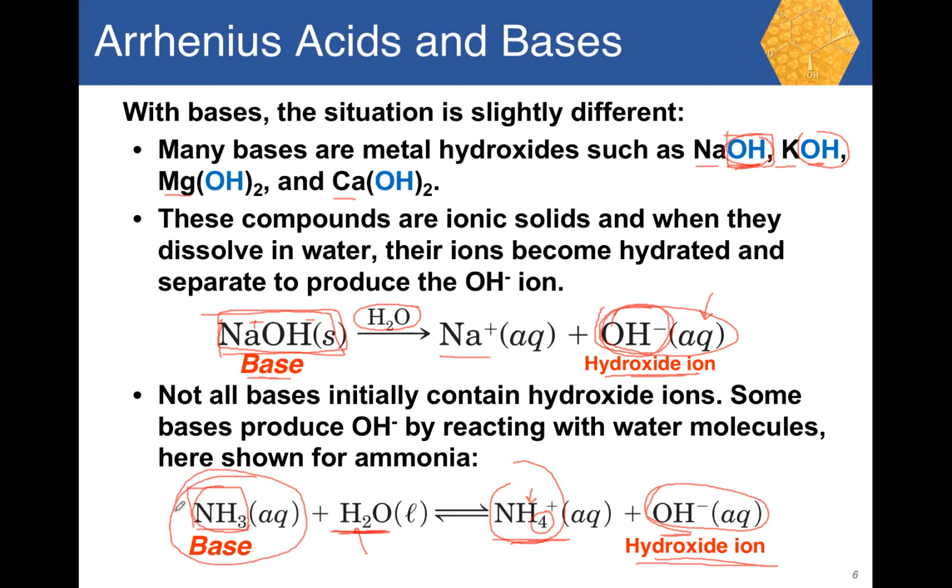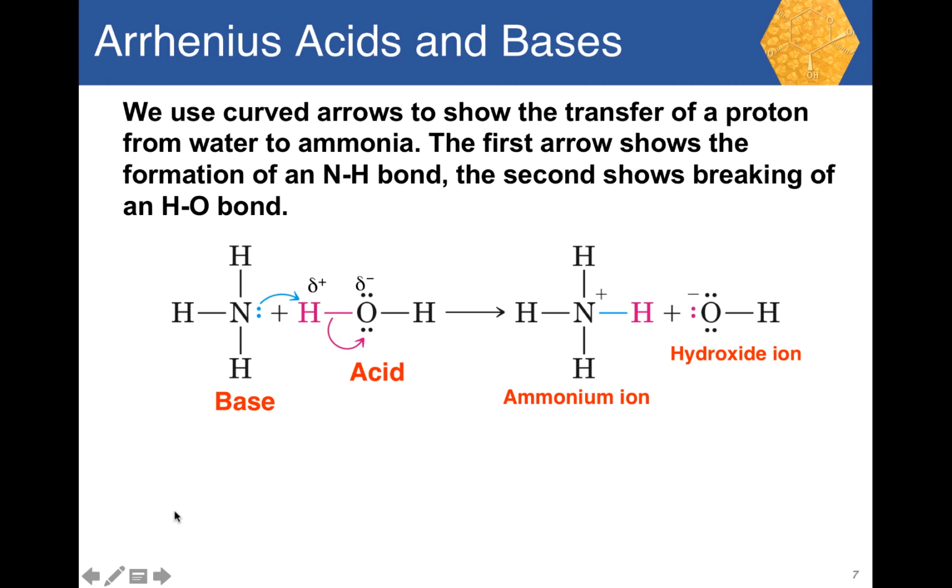The next slide has a better illustration of this concept. So let us imagine again, we have this NH3 drawn out as the Lewis structure. Here, a pair of electrons. Remember, the two dots represent an unshared pair of electrons. These unshared pair of electrons can now bond to this hydrogen, which is partially positive because this bond here is a polar covalent bond.